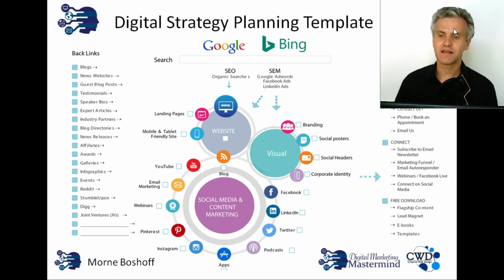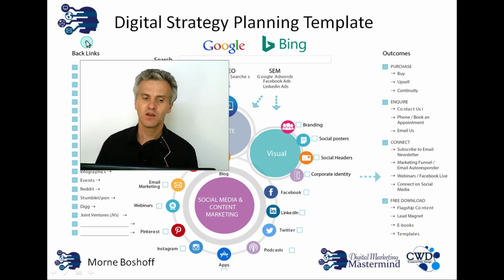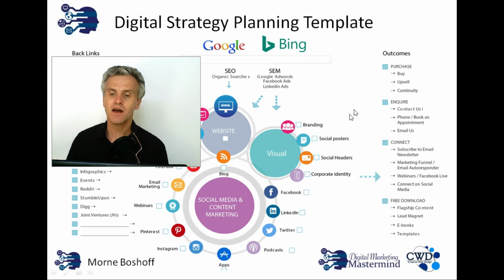The next element that I would like to look at, so you've got your backlinks and your website, is your outcomes. Outcomes is when someone comes onto your website or your landing page or your social media profile, what action do you want to happen?